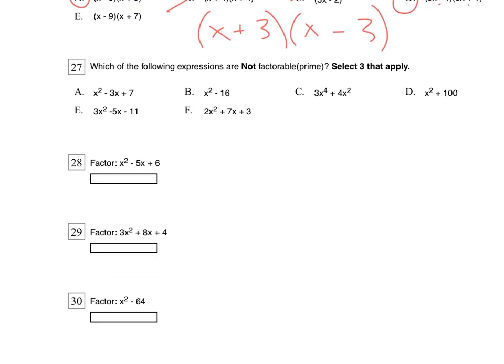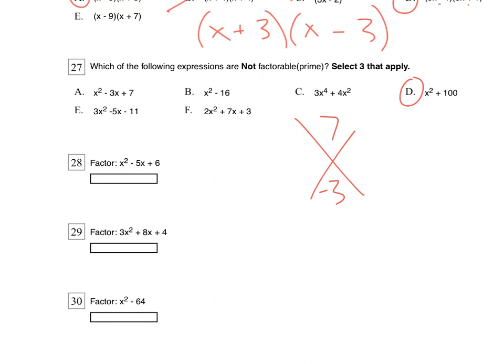27. Which of the following expressions are not factorable, which also means they are prime? So as we go through on this one, we know D right away is, because we have two terms. There is no GCF. It's a plus sign in between them. When I look at A, I go, what multiplies to 7 and adds to negative 3?